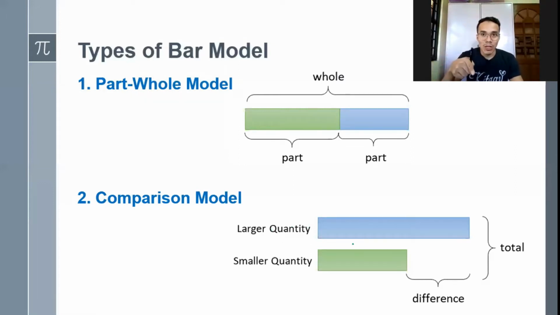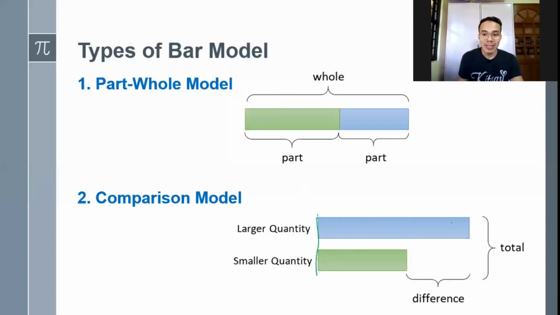Here's what you should be mindful of when making a comparison model. You have to make sure that the models start at the same start line. We call this the same start line so that it would be easy for you to compare these two models, two bar models.